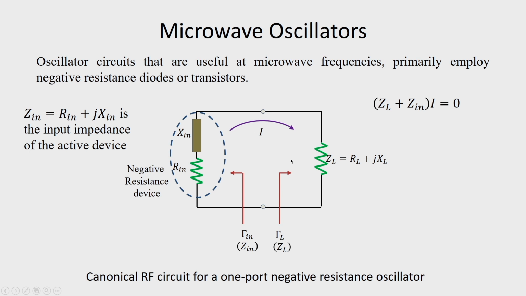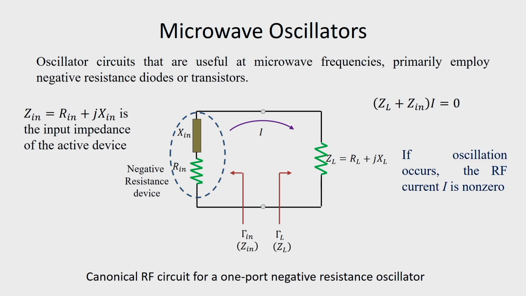And since there is no other generator here, we will have ZL plus Zin into I equal to 0, where I is the loop current.